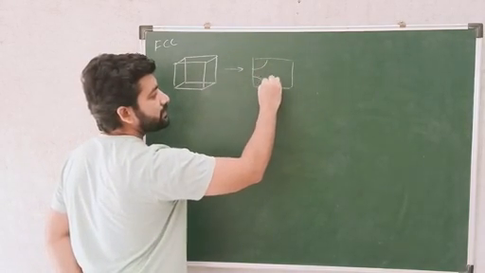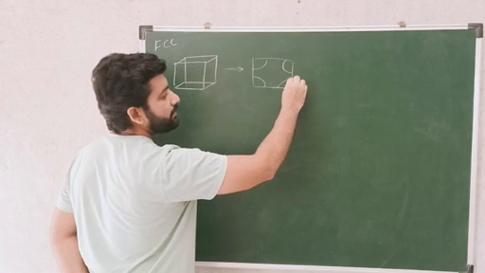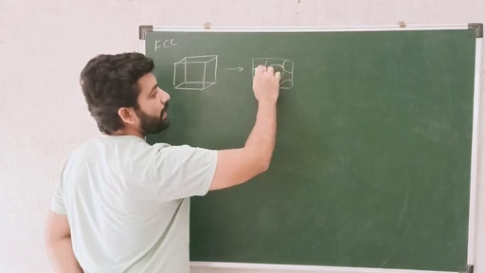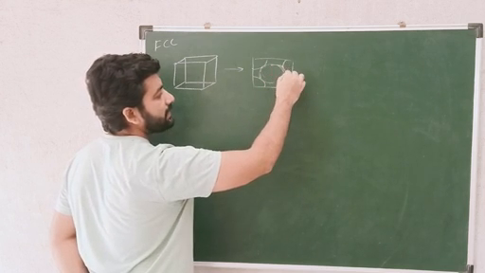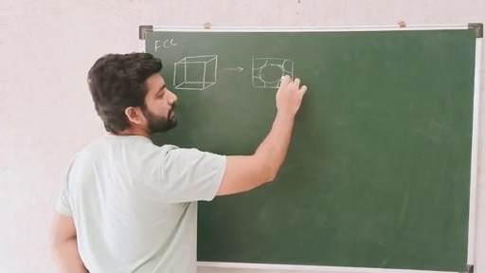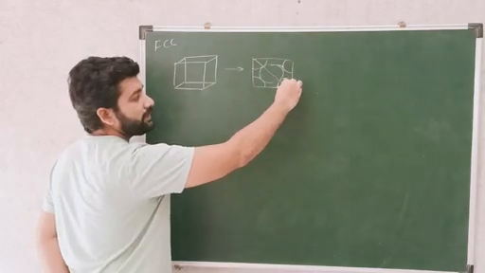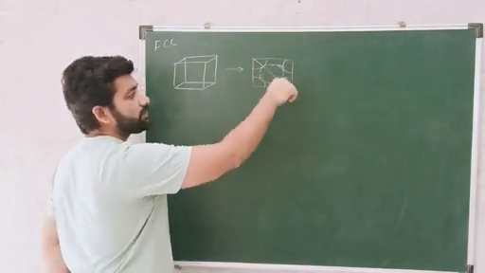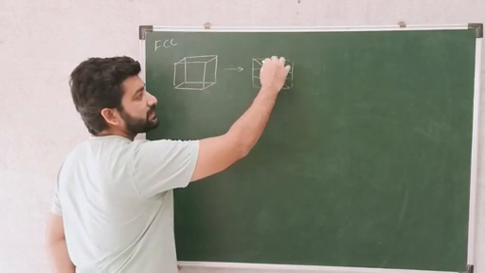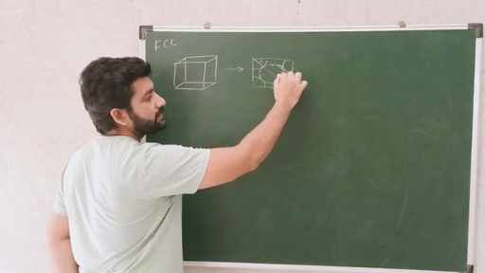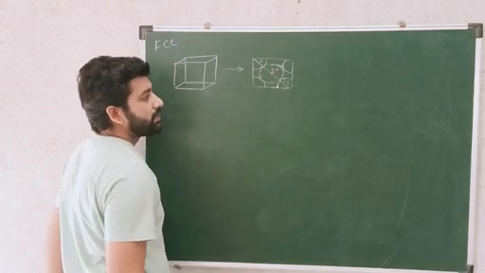At the corners we have 1/8 part of an atom, and in between them there is a half atom present in this cube. Now when we join these two corners of the cube, the line passes through the atoms, where this measures r, this is r, and this counts as 2r.